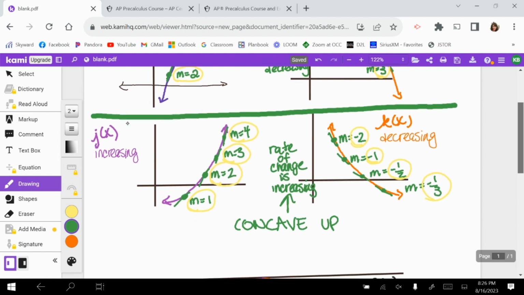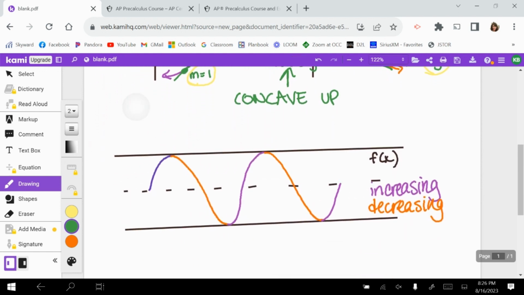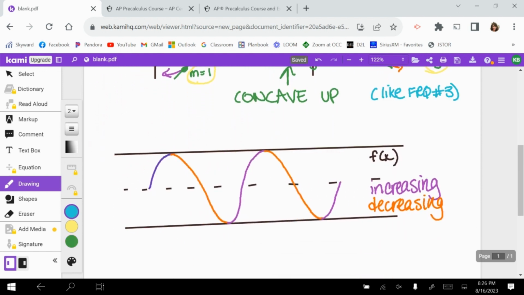So one last example here, just to tie it all together. If you're thinking about a sinusoidal function, I've already color-coded it. The purple intervals are where f of x is increasing, and the orange intervals are where f of x is decreasing.